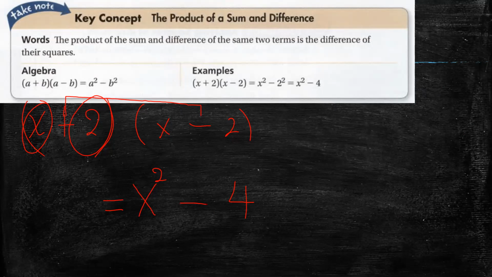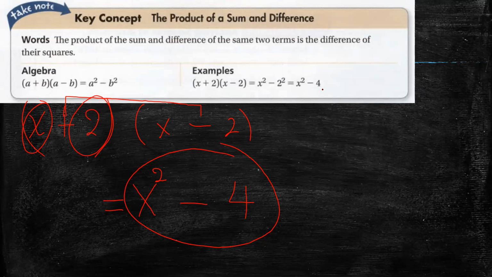So if you multiply x plus 2 times x minus 2, you will find that the answer is x squared minus 4. This is the rule if we have a product of a sum and a difference of the same expression.